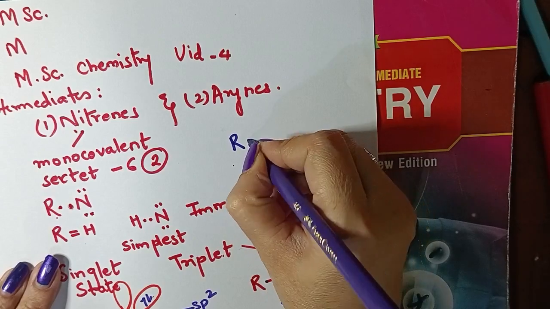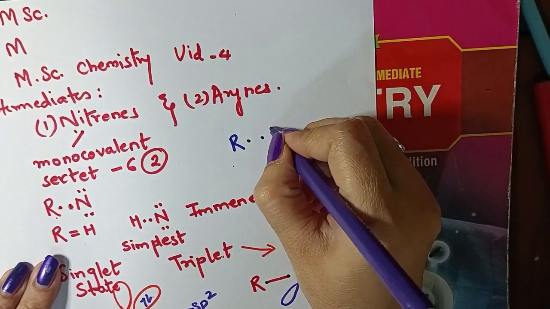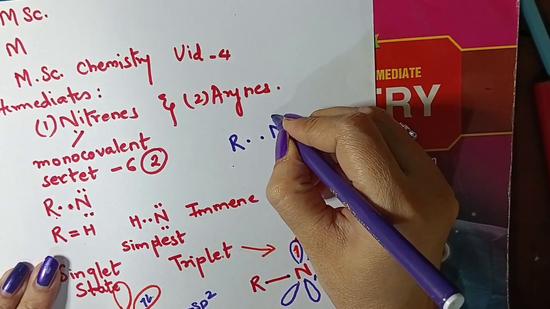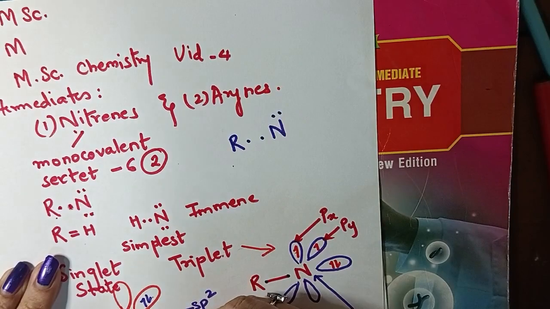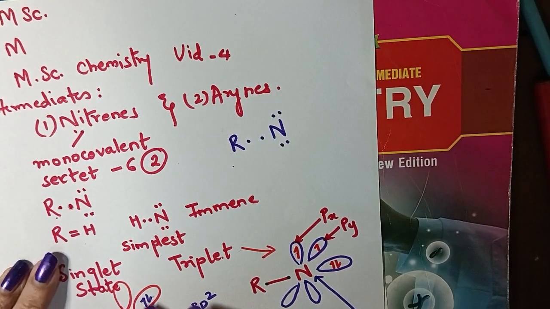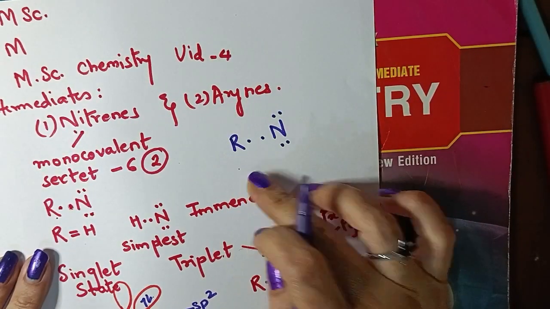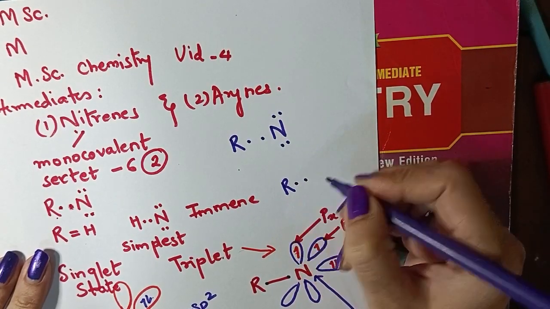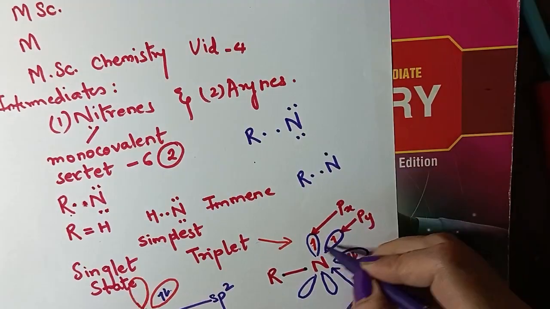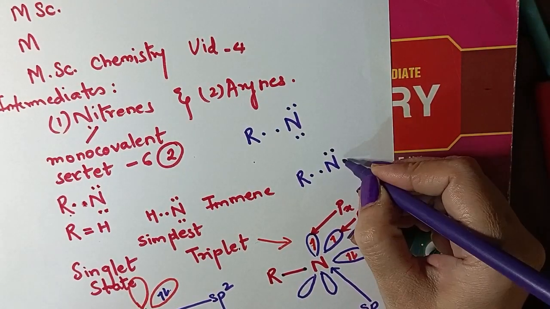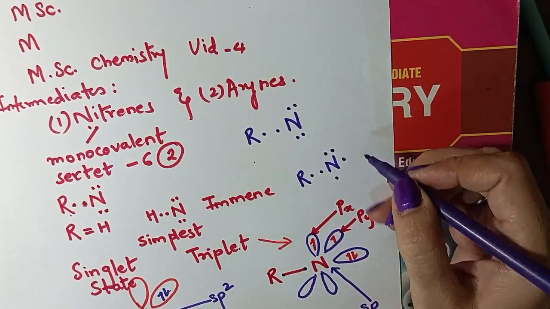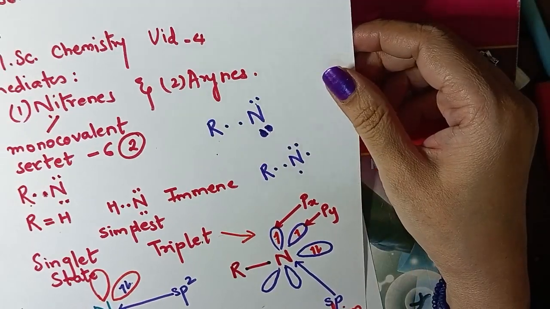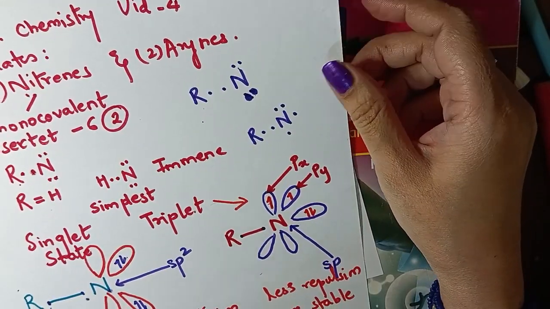Here is the shared bond pair. These two can be shown as a lone pair here, and one lone pair here. This singlet state can be represented like this. The triplet state can be represented like this: this is the bond pair, nitrogen, these two, one lone pair and one unpaired electron.